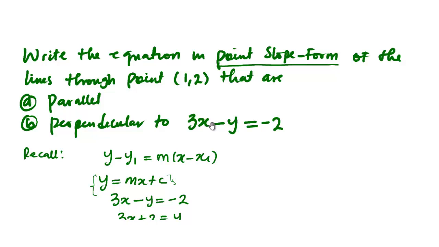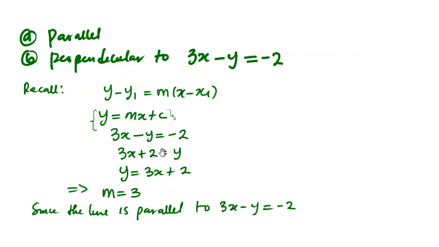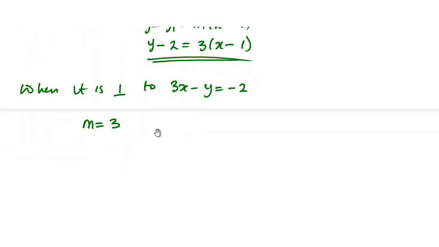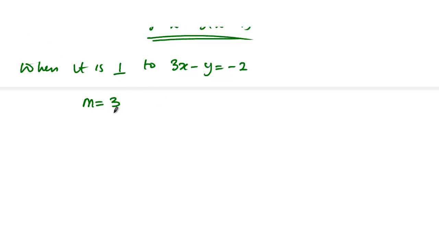We already know the slope of this line, which is 3, so we can actually predict the slope of the other line. In this case, let's call this particular one m1 for the purpose of distinguishing the two slopes. So we can say that m1 times m2 is equal to minus 1.